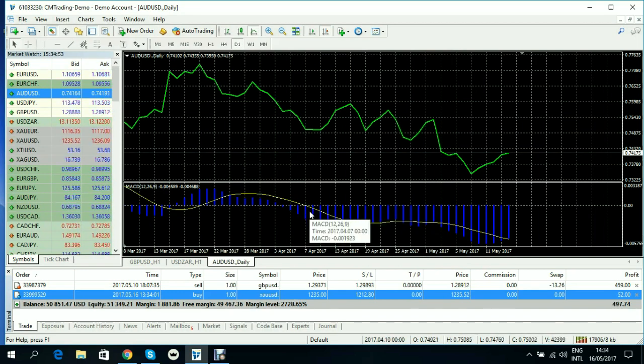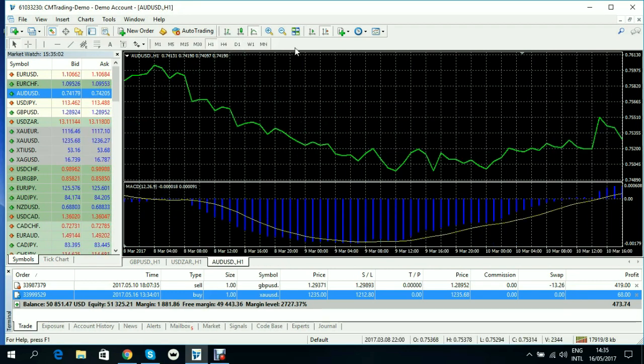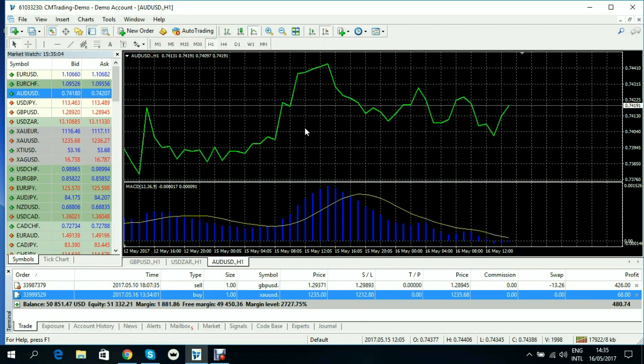When this happens, you can enter the trade knowing that it is going to sell for long. In 1 hour, it's just trying. It just started.